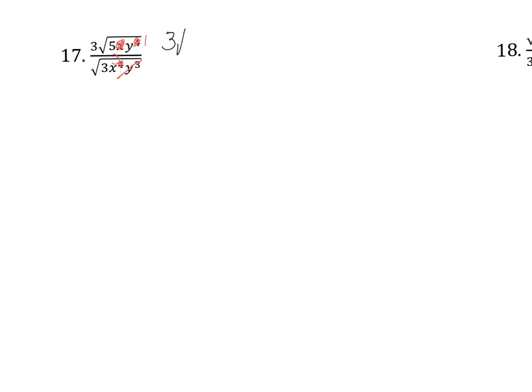We have 3 radical 5y over radical 3x to the third. Okay, now I can go ahead and multiply both of these by radical 3x to the third, radical 3x to the third.